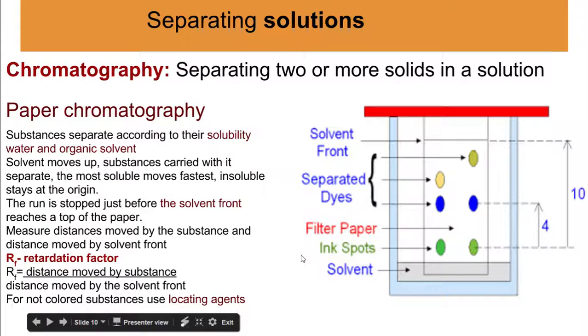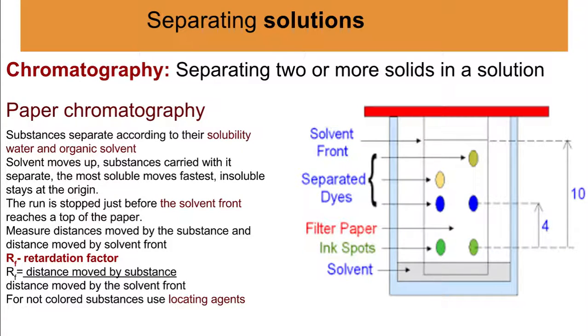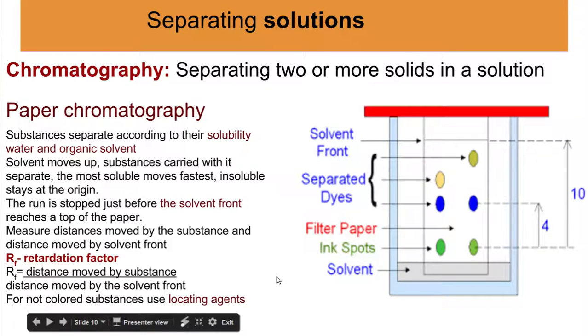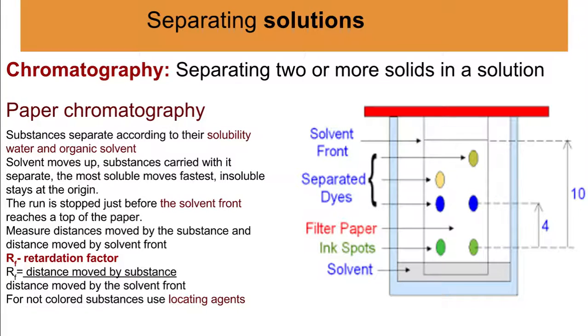Another method is chromatography. Chromatography means writing with colors, and we use it for separating two or more solids in a solution. We have paper chromatography and gas chromatography, but only paper is the subject of our course. And substances separate according to their solubility in water or in an organic solvent, whatever you use. We use water with water-soluble substances and organic solvent like alcohol with organic substances.